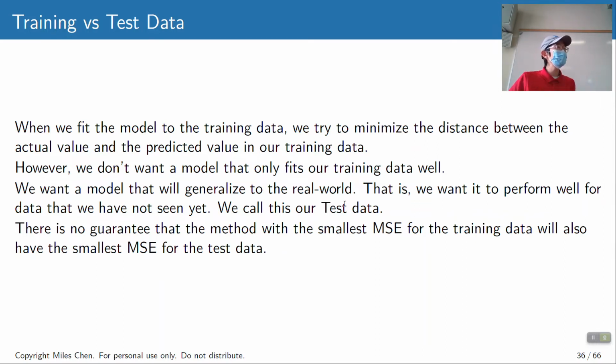Our training data is the data that we have available to us. We don't want a model that just predicts every single person in this case very well. We want to say, now that I've created my model, can I use it out there in the real world, and is it going to perform well, right?